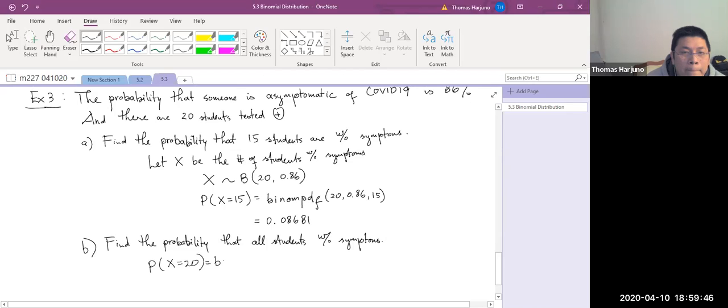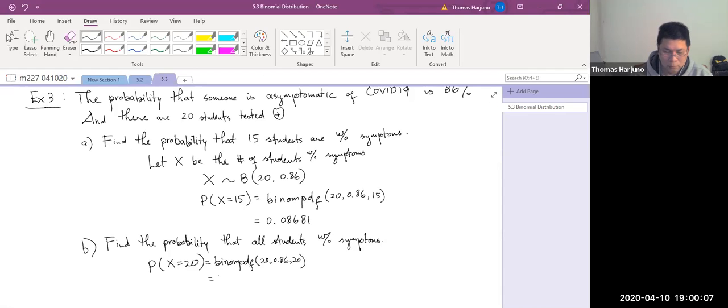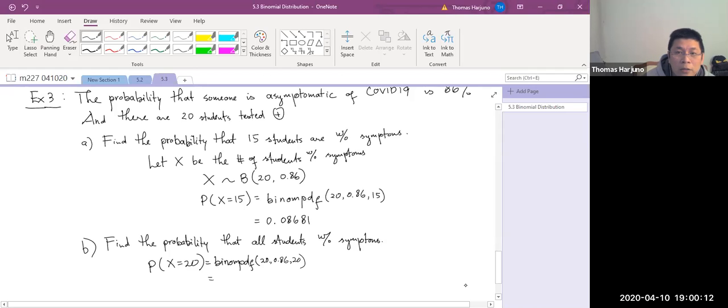It's binompdf(20, 0.86, 20). We get 0.04897.